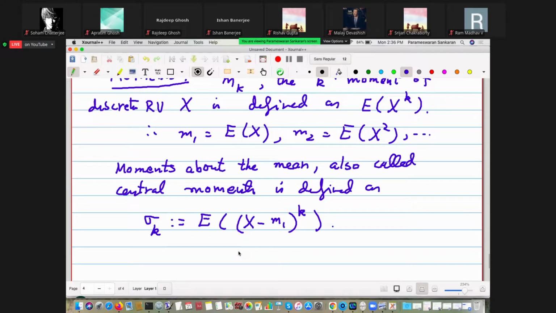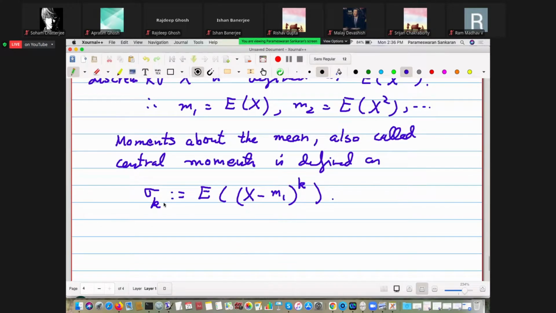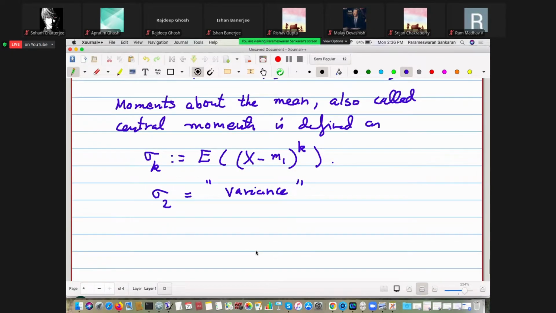Okay. And sigma 2 has a very special name. Sigma 2 is called the variance, and this is denoted as sigma square, where sigma, the positive square root, of course, is called the square root of variance.